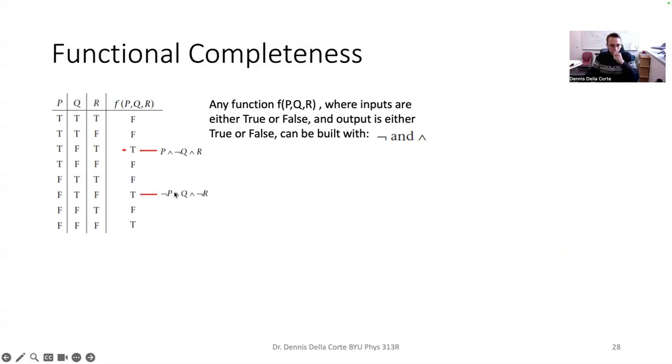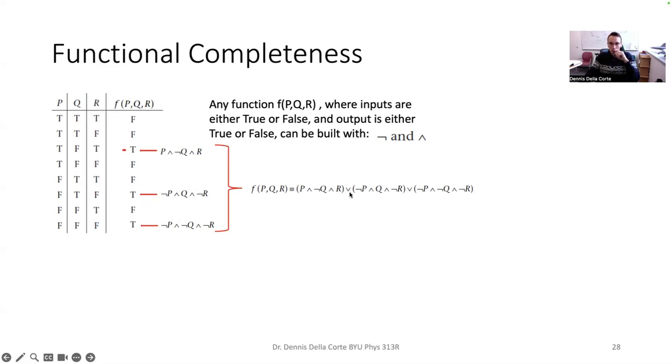which is quite neat. So here we have another example. Not P and Q and not R is going to give me a true here. And another one. Great. So if you start writing these out for all of them, then you can build your complete function f by combining these individual statements with or.